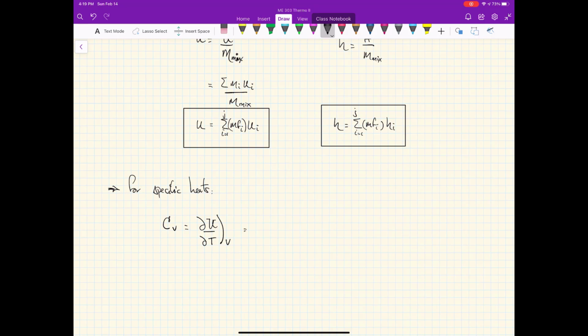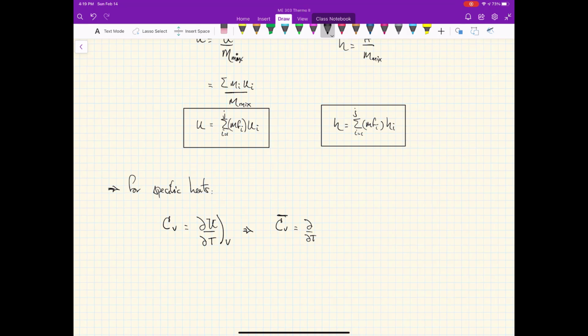That's going to be equal to the sum of the mass fractions, which we talked about in the previous video, times the individual internal energy. That's it for that. And similarly, the specific enthalpy of the entire mixture is going to be equal to the mass fraction of each individual component times the individual component's specific enthalpy. So this is important, because again, these are results that we're going to use many times.